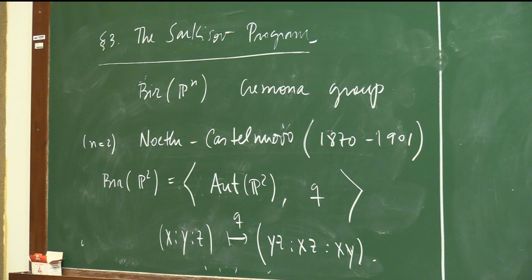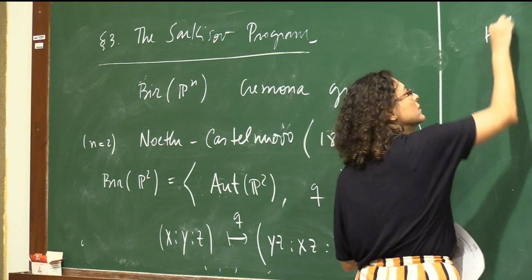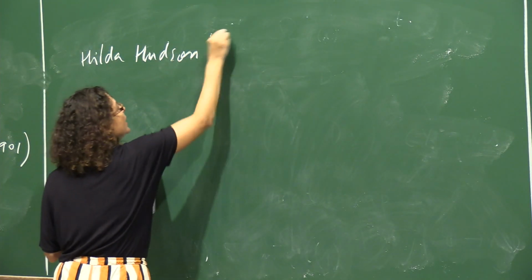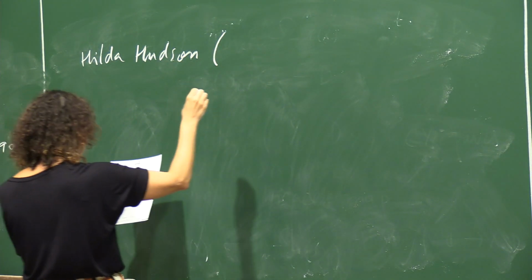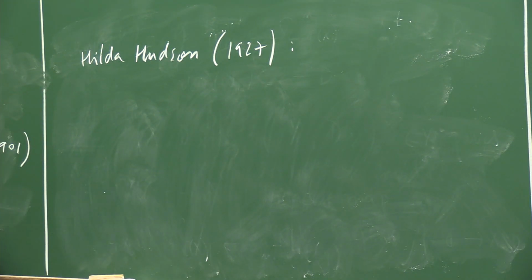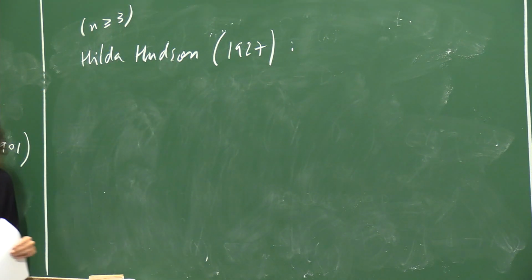Hilda Hudson, in 1927, already showed that in dimension at least 3, you cannot have a set of generators of bounded degree.